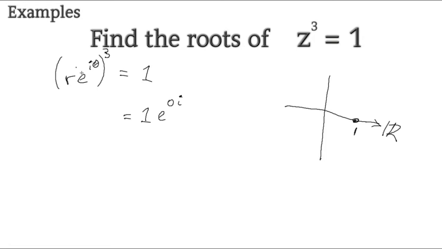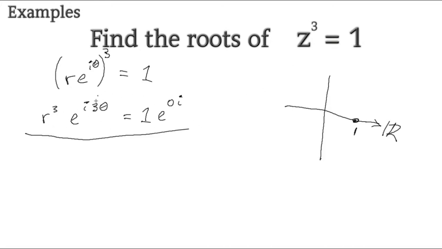So in this case, if we expand this power and apply De Moivre's, or just straight power, then you get r cubed times e to the i 3 theta equals 1 e to the 0. This is one of the things that you need to be able to tell from just looking at roots of unity.